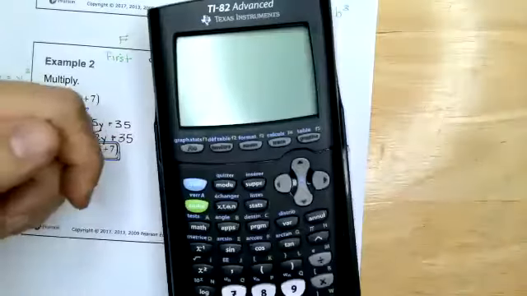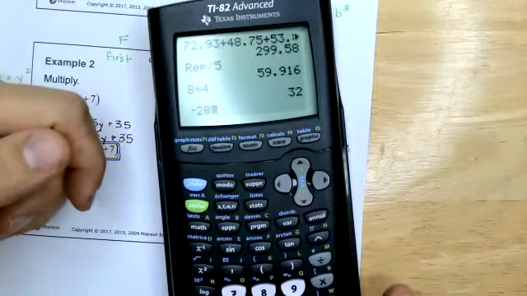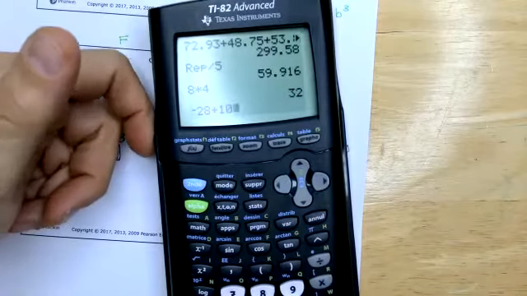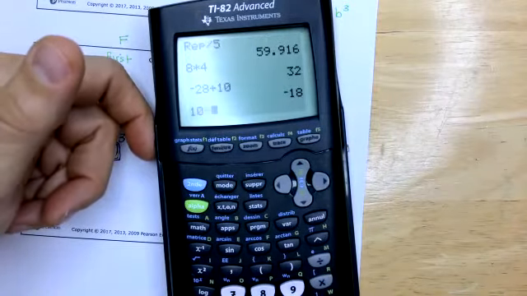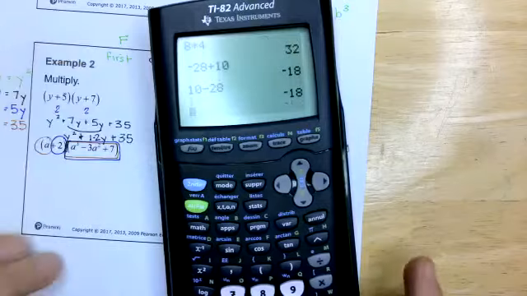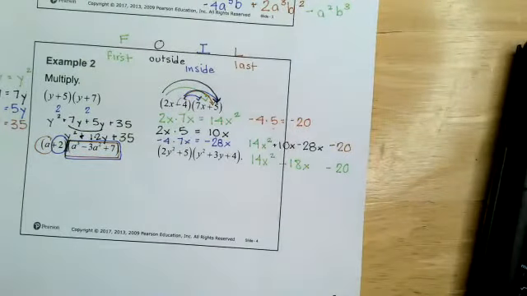Or negative 28 plus 10, or 10 minus 28. Good, it should all give you the same answer. Yes. Very good. Is that what I got? Yes. Fabulous.